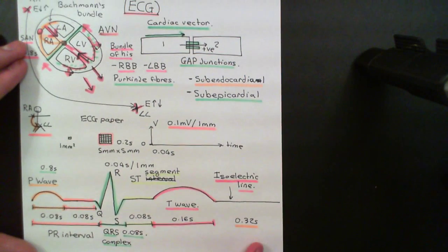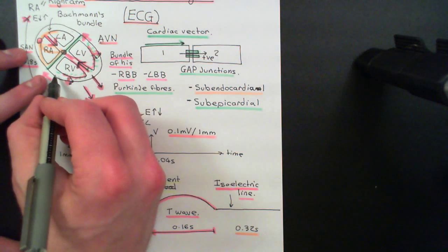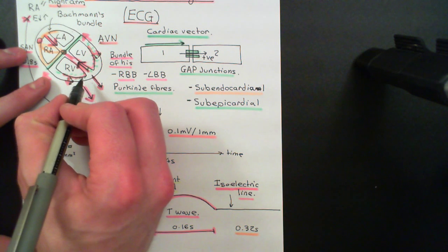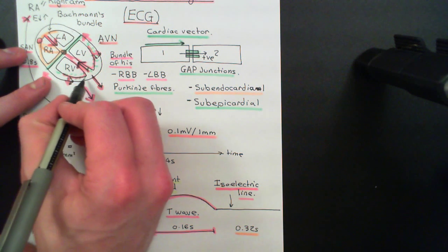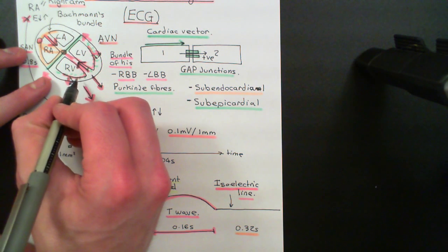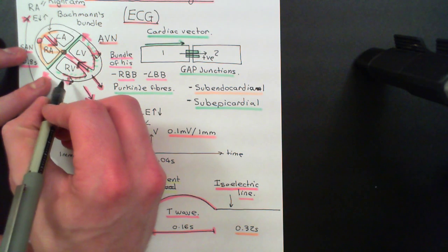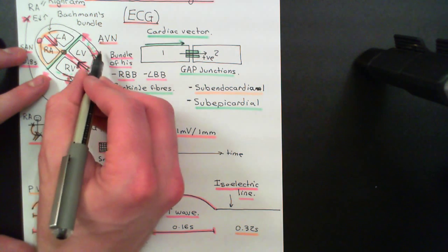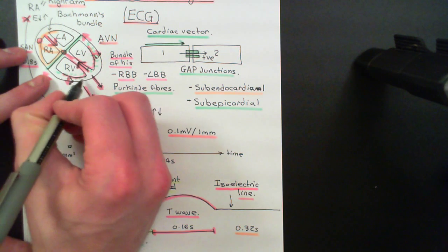So remember, we talked about how in repolarization it's the opposite way round. Positive charge will move from cells that have not yet repolarized to the ones that are repolarizing. And moreover, it starts with the subepicardial myocardium.